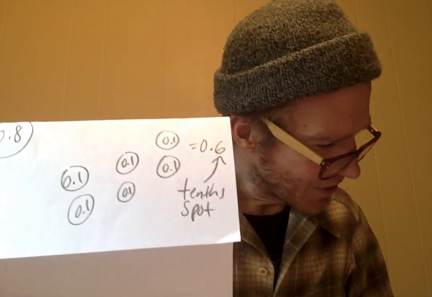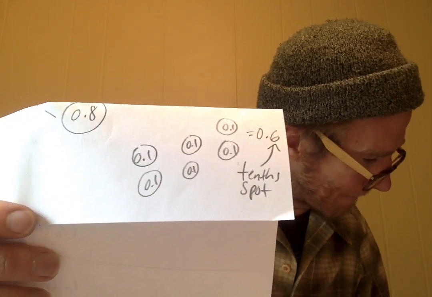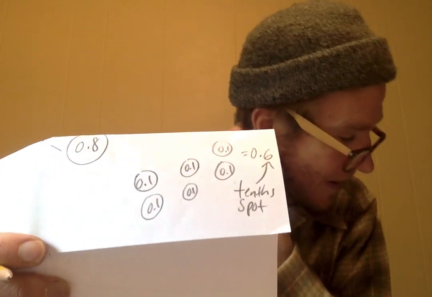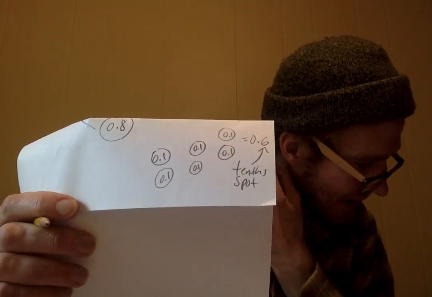The other things you're going to be looking at today are measurement. You're going to be looking at something like liters, which is a way of measuring liquid. Like if you have a big 2-liter soda, it's those big guys.